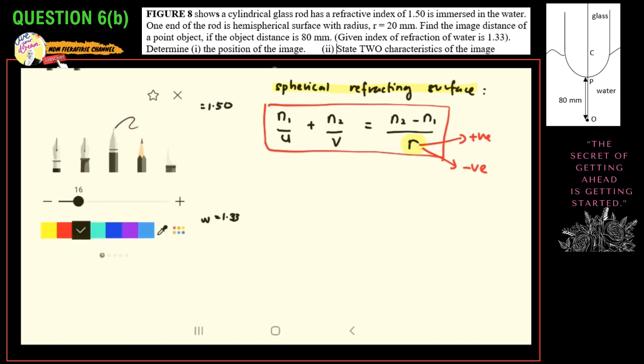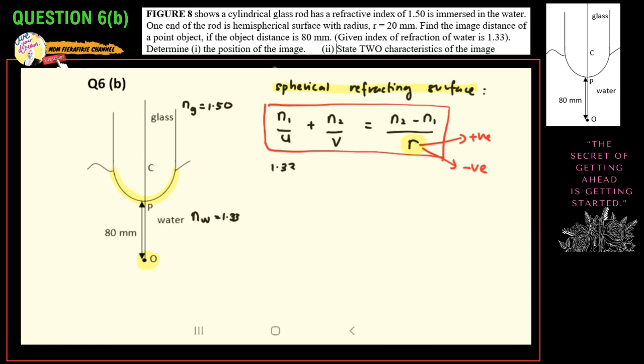Okay, so now let's substitute the value 1.33 for N1, since the object is in the water, over 80 millimeter. So here we have 80 millimeter. Since the question gives us that the radius is equal to 20 millimeter.